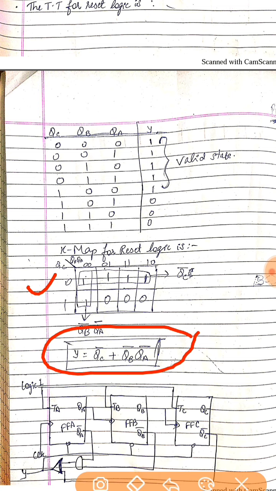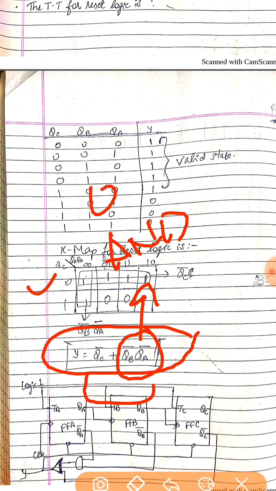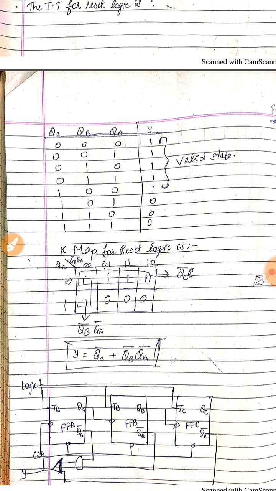In this reset circuit we would require, as it is a multiplication term, one AND gate, and for the summation of 2 terms, one OR gate, which I have made here.